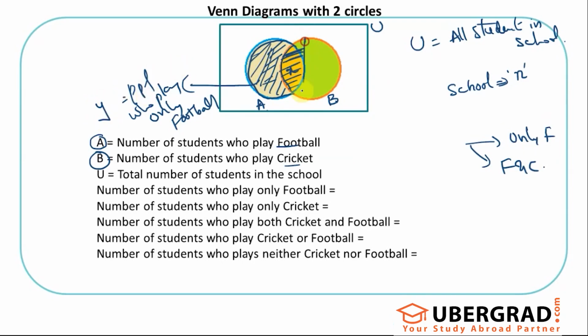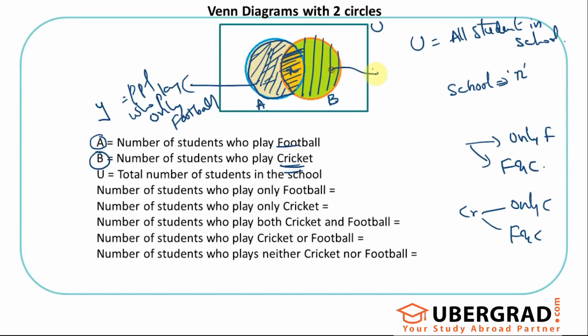And then what will this be? This entire circle B, the orange or red circle, is people who play cricket. And I know these people play cricket as well. Obviously for cricket also it will be two types: only cricket, or football and cricket. And I know football and cricket is X number of people.